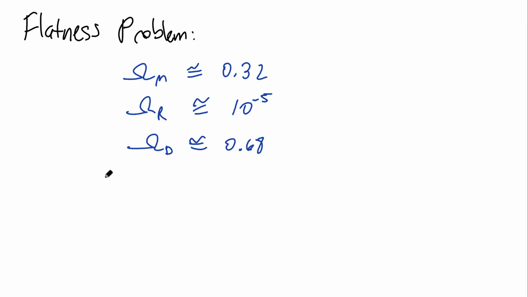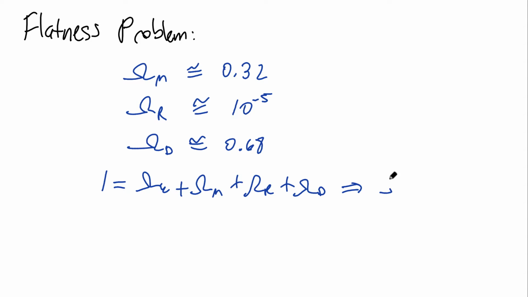And these parameters must satisfy 1 equals omega k plus omega m plus omega r plus omega d. Now the fact that these three add up so close to 1 means omega k is very close to 0, which tells us that the universe is flat or very close to flat.